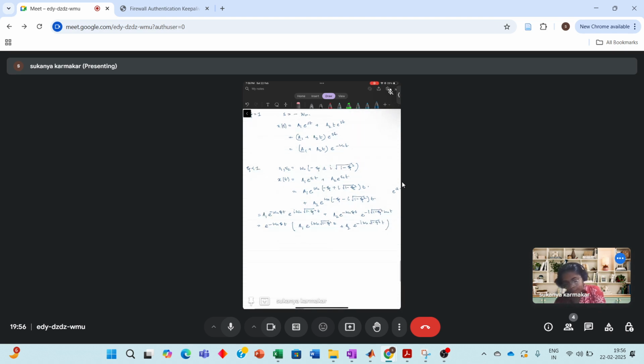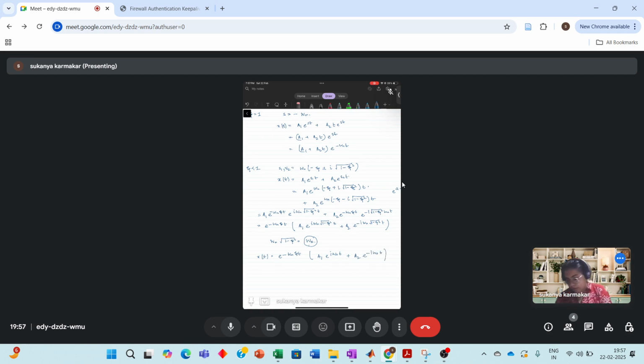Now, omega n square root of 1 minus zeta square is written as omega d. This is the damped natural frequency, omega d. So let's use it here. x of t is e to the power minus omega n zeta t times a1 e to the power i omega d t plus a2 e to the power minus i omega d t.